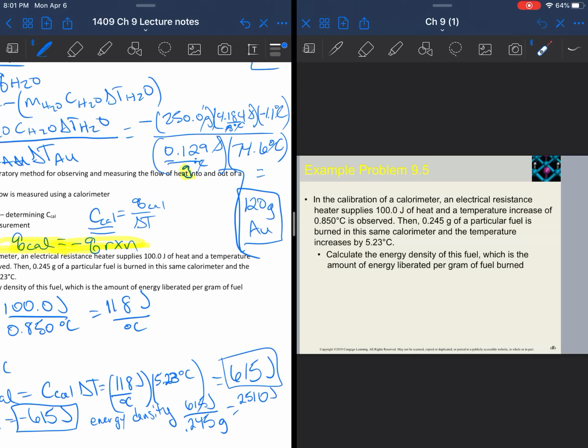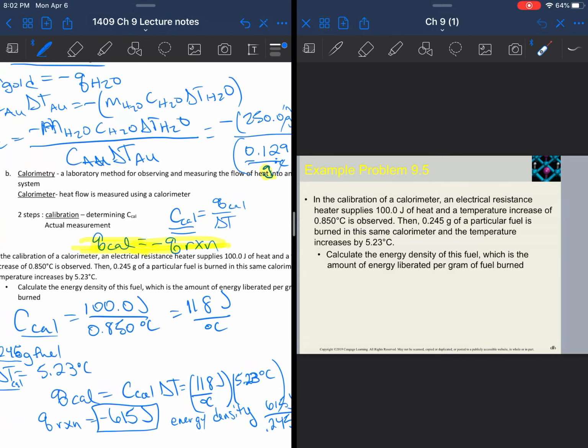Now, if I just do that division, 615 divided by 0.245, that'll give me energy per gram. There is actually 2,510 joules released per every gram of this fuel.